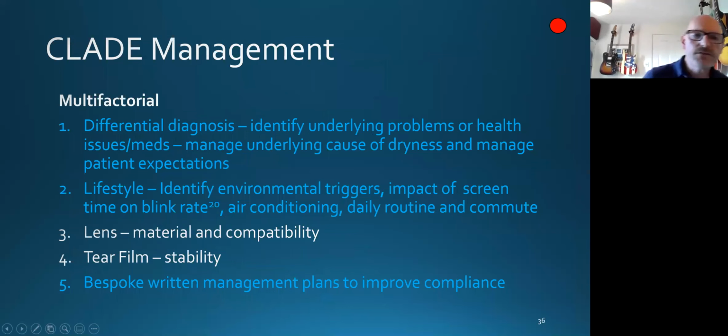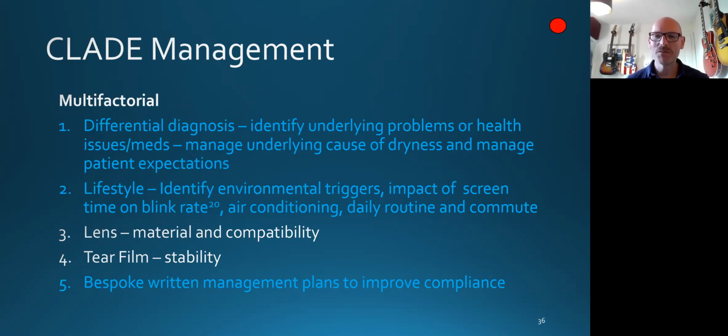Management. So things that we can do, as I've already mentioned, differential diagnosis is very important to identify underlying problems. If we do have a patient with dry eye, it's very important that we identify them, and we manage the underlying pathology and the underlying cause, and perhaps have to manage those patients' expectations in what level of comfort they're going to achieve. Lifestyle, very important. And again, now with life in lockdown, we're seeing screen usage increase.